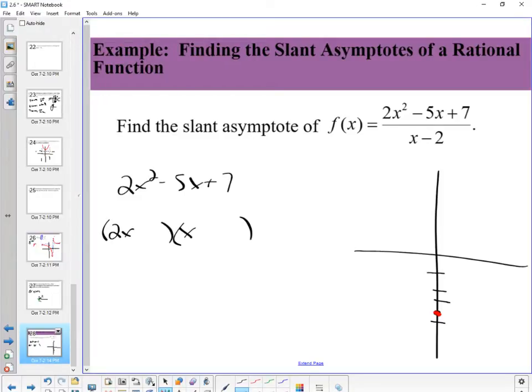Just 2x plus 2x minus x minus 7. This would have to be minus and plus, right? Yes. Negative, but that's negative.